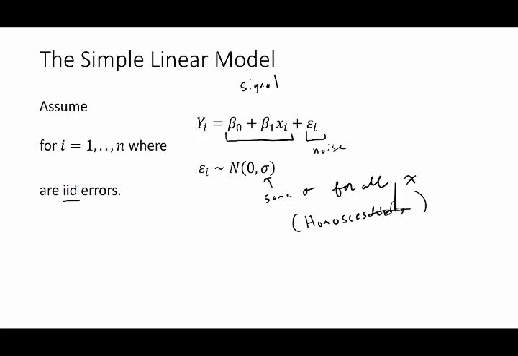Now, once we've formulated things in this way, we can actually get estimates on beta naught and beta 1 as parameters using maximum likelihood estimation. Do you see why? If not, think about what this model is saying. This model is saying that y is a random variable. This is just some constant, right?